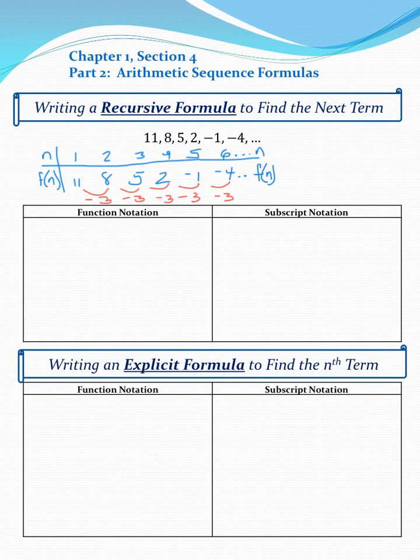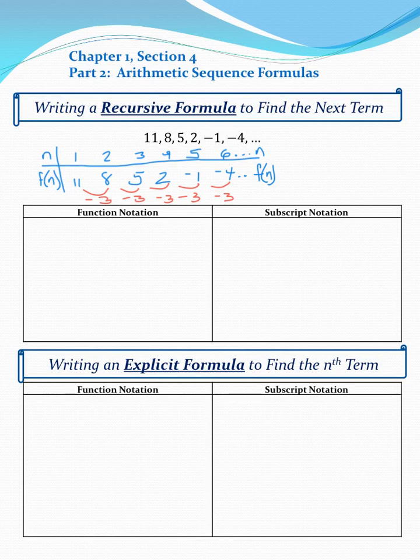Okay, the first thing is a recursive formula. Unlike the formula we looked at in the previous video, a recursive formula you use to find the next term, but you need to know the previous term in order to do it. And then you just keep the pattern going. For example, if I wanted to know f of 7 here, I would take f of 6, which is -4, and I would subtract 3 from it.